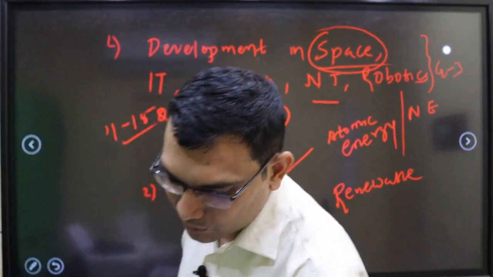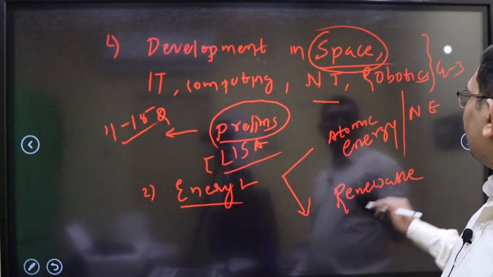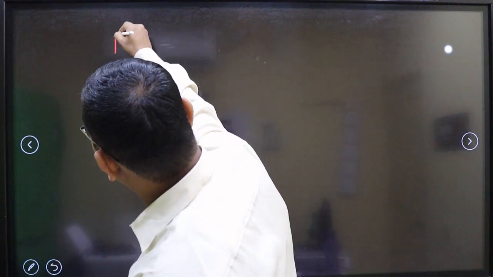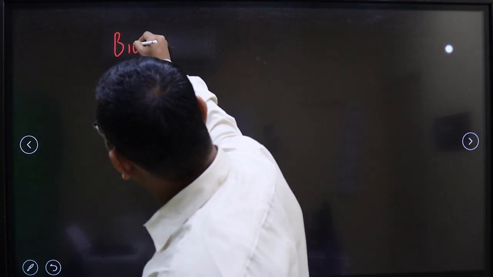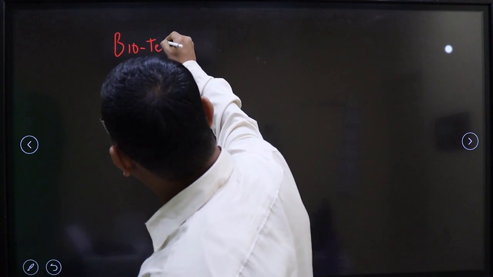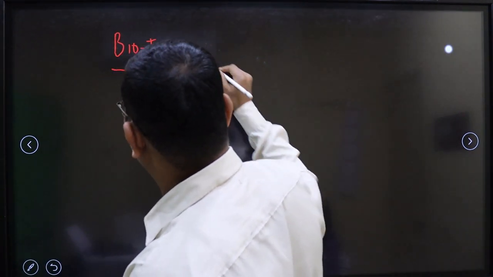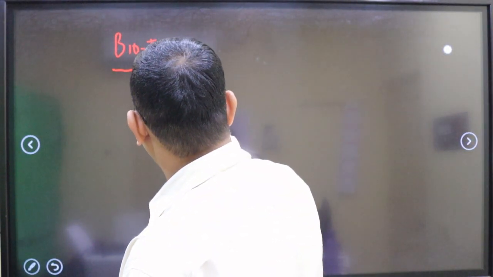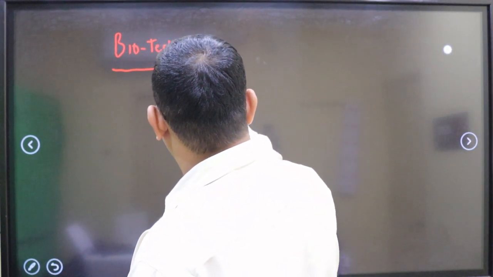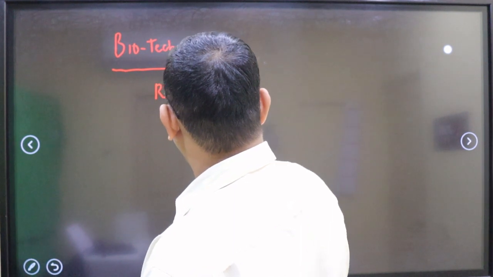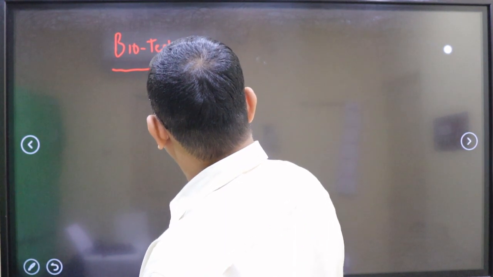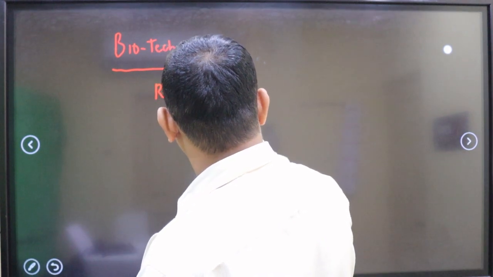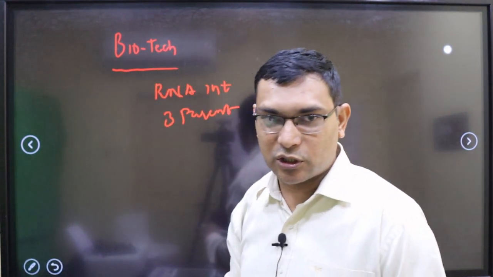Then you see biotechnology. For the last two years, biotechnology has played a very important role. There was a question on RNA interference technology, about the three-parent baby, mitochondria.